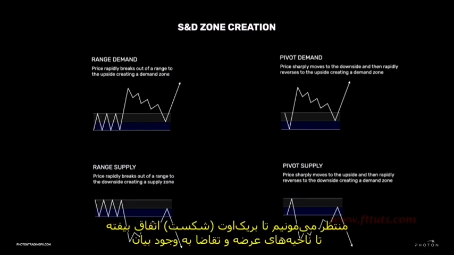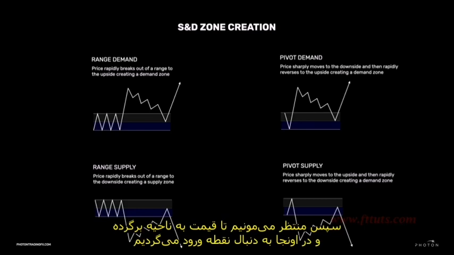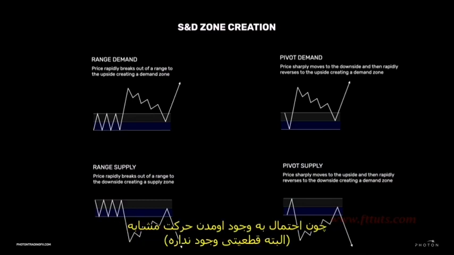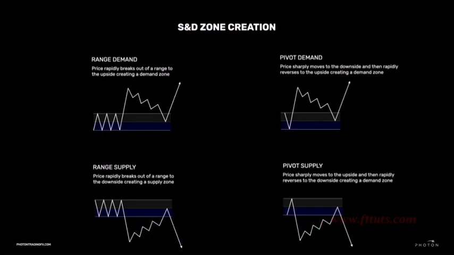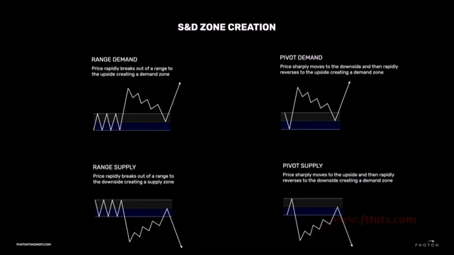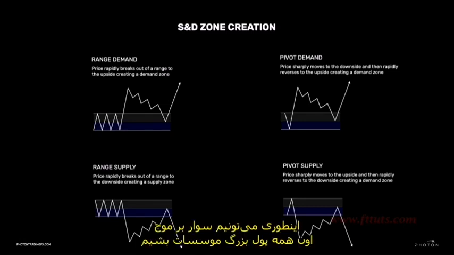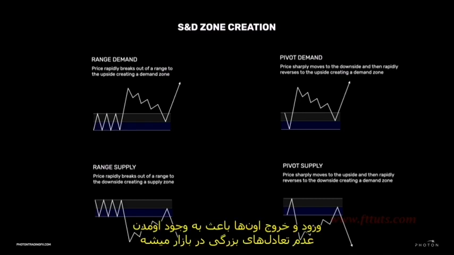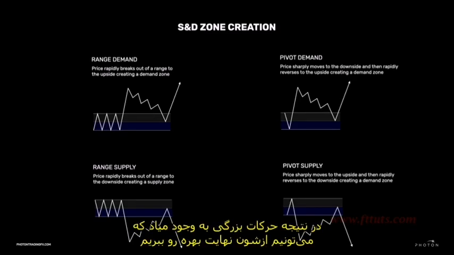We literally just wait for the breakouts to occur to create those supply or demand zones, and then we await the return to the zone in question, and then we look for potential entries there once price gets there, because the probability, it's not a certainty, but the probability of price causing a similar move as it mitigates and fills those large passive remaining orders that are sitting in the order book at that price level, that gives us a very strong edge in the market for us to potentially surf on the coattails of that large institutional money entering and exiting the market that causes those huge imbalances and therefore those huge moves for us to capitalize on.